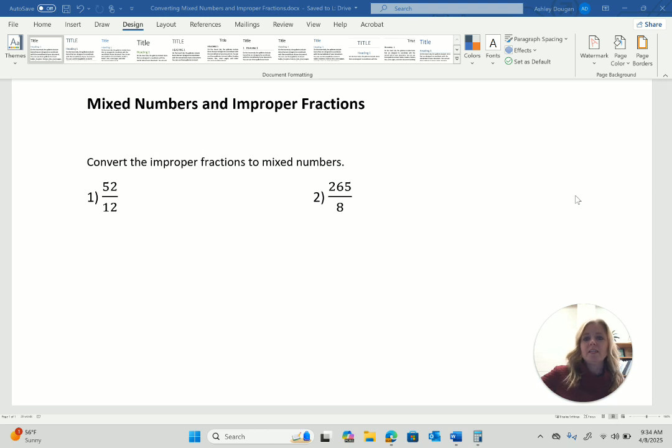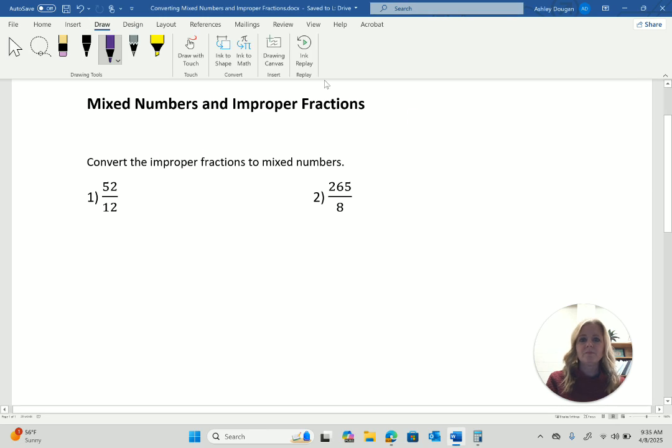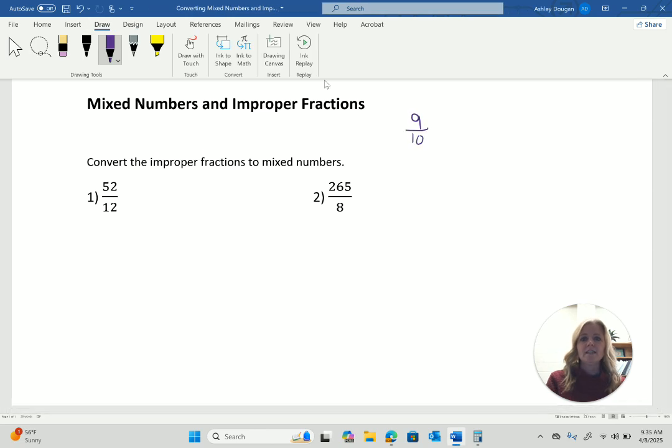Improper fractions mean that the numerator is larger than the denominator, and those represent values that are greater than 1. A lot of times when we think about fractions, we think about parts of a whole, like 9/10. For example, if I had the fraction 9/10, I would have almost the whole piece. I would have 9 out of 10 parts, but I wouldn't have the whole entire piece.